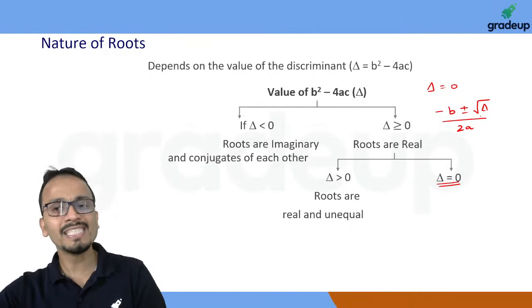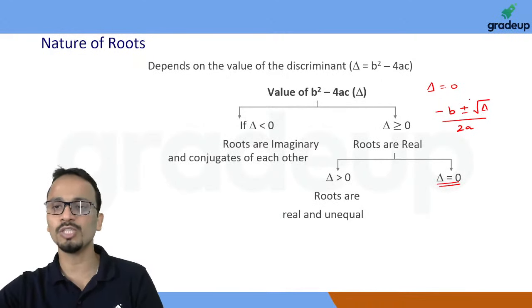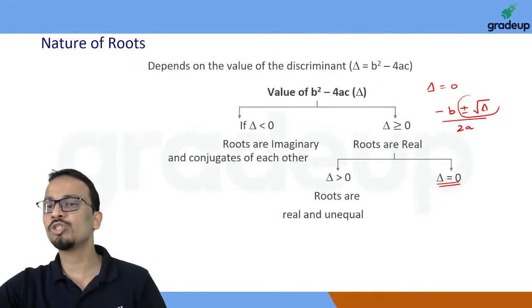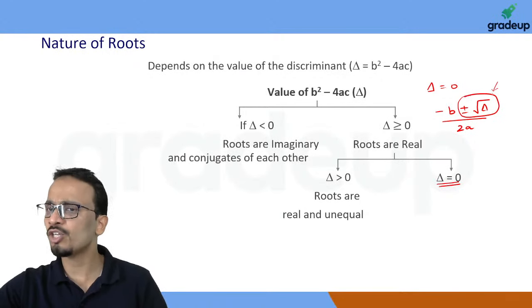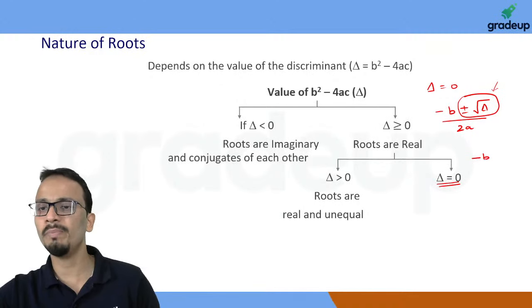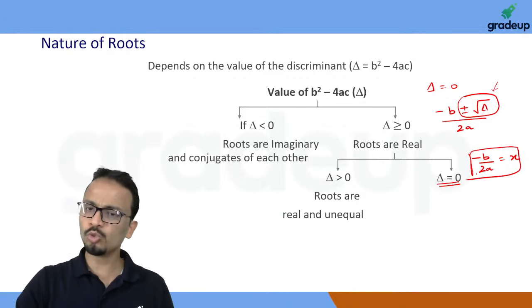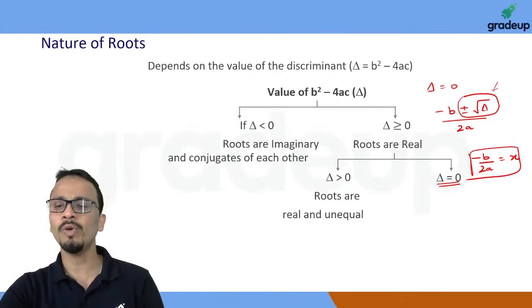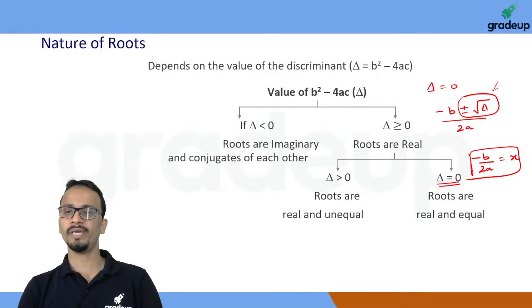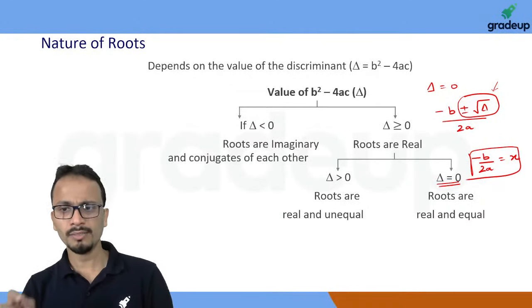Now if delta is equal to 0, the portion after the plus minus sign is equal to 0, so it will not have any effect on the values of the roots, and both the roots will be equal to minus b upon 2a. So in this case, the roots are still real and they will be equal. All right, am I clear?